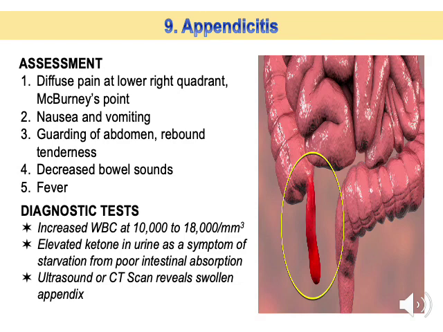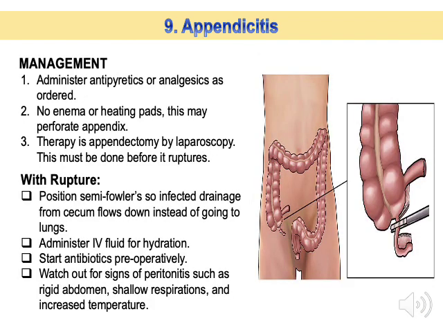Diagnostic tests: because of inflammation, WBC increases to 10,000 to 18,000 per cubic millimeter. There is elevated acetone or ketones in urine as a symptom of starvation from poor absorption of the intestines. The ultrasound or CT scan also reveals the swollen appendix.